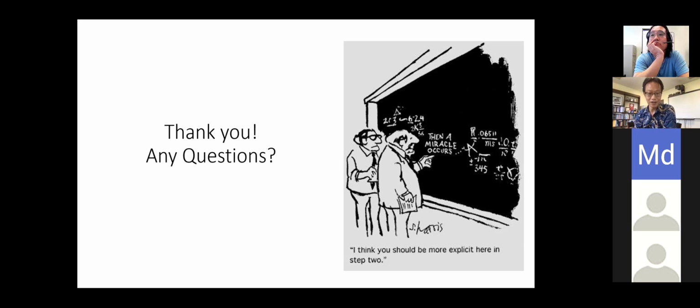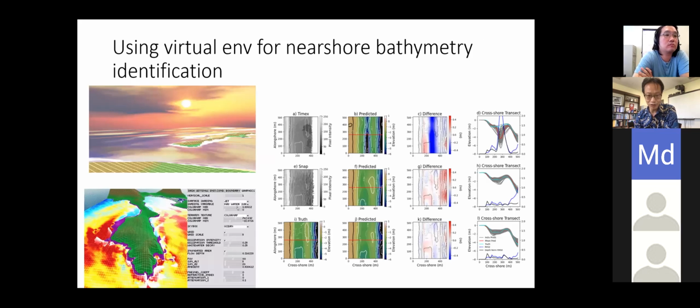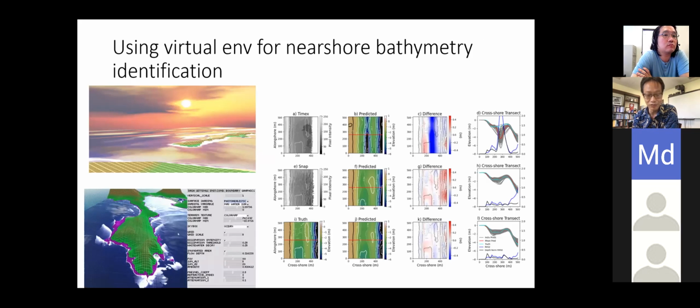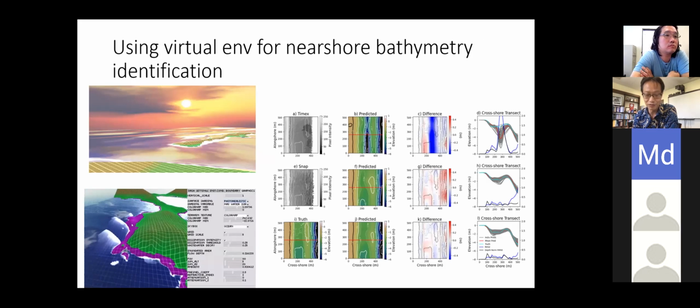So actually, I have a question. You mentioned in the last few slides the virtual environment. Those are 3D modeling software. I have used some before, like Blender.